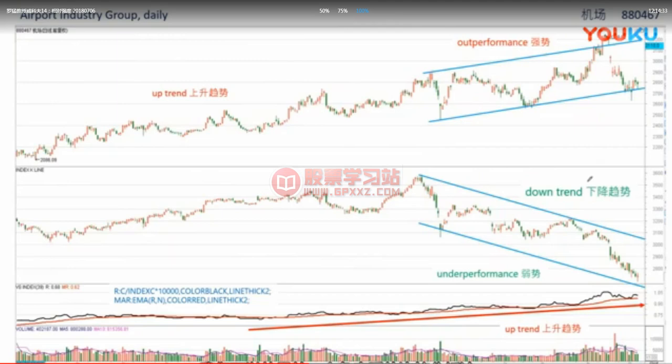Well, there is another way for us to think about the comparative analysis. It's the relative analysis. And the relative analysis is just a modern version of the comparative analysis. We are looking at the relative strength line. Here is the formula that he gave us to construct the relative strength line. It is the price of a stock or an industry group or a sector, whatever you want to put in there, divided by the price of the index.